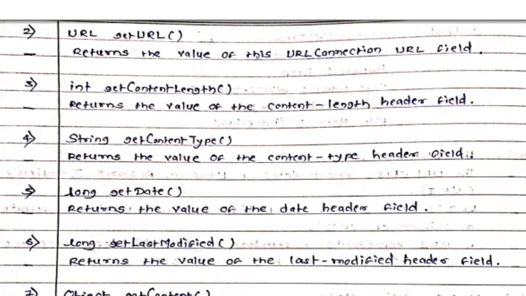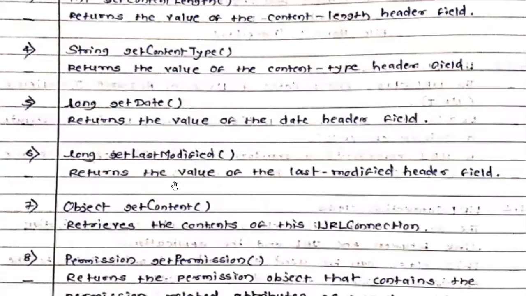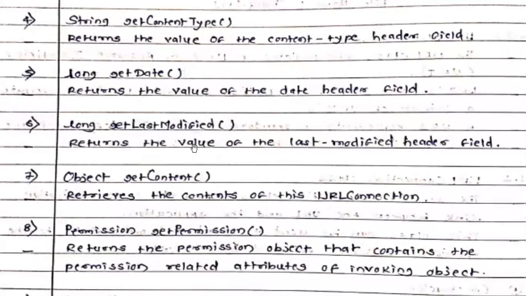So it returns the value of what type of content it is, getContentType. Next, long getDate returns the value of the date header field. Then long getLastModified returns the value of the last-modified header field, that is, the date it was last modified.